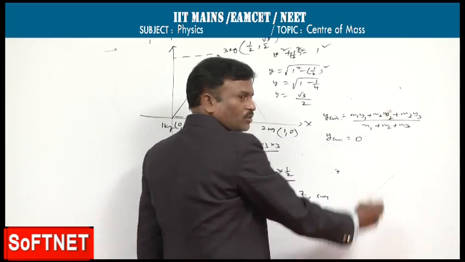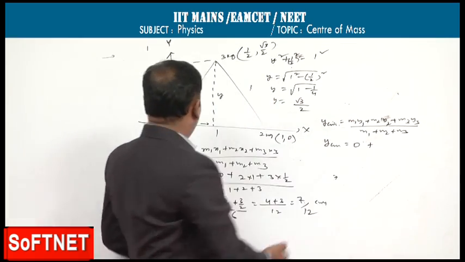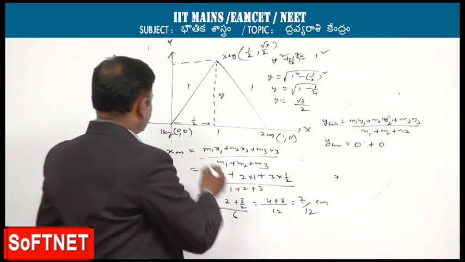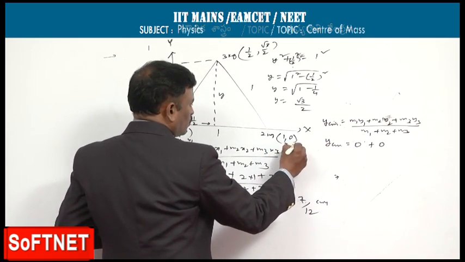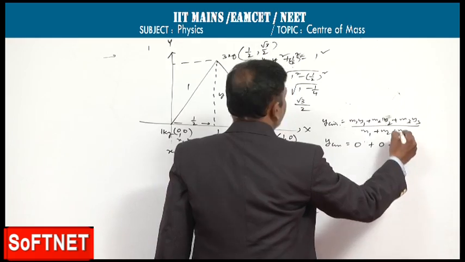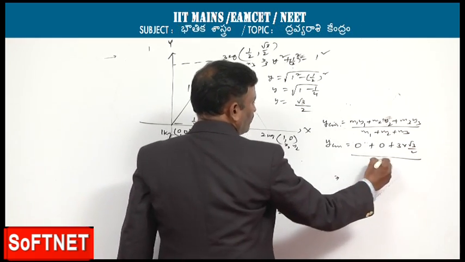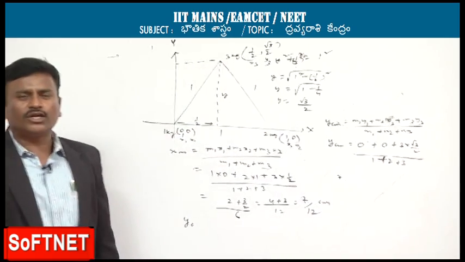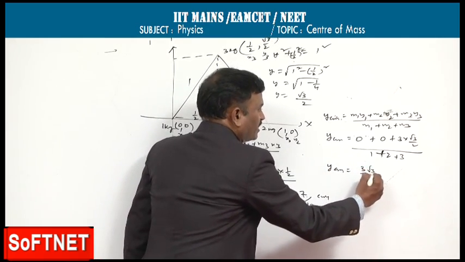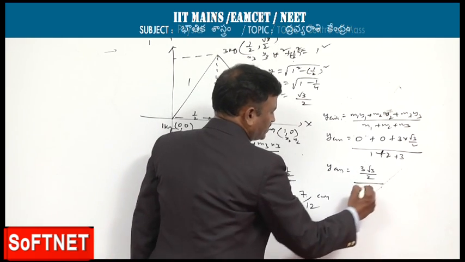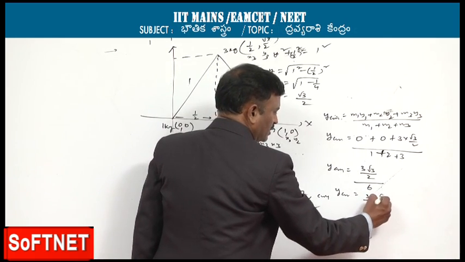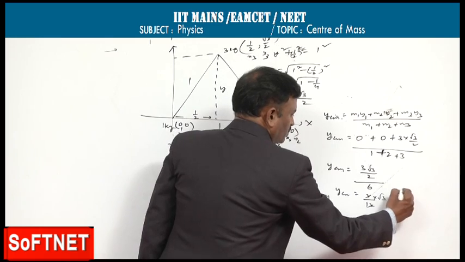Here m1 y1 is 0 and m2 y2 is also 0, since y2 is 0, and m3 is 3 with y3 root 3 by 2, whole by 1 plus 2 plus 3, as the masses are 1, 2, 3. So YCM is equal to 3 root 3 by 2 by 6.